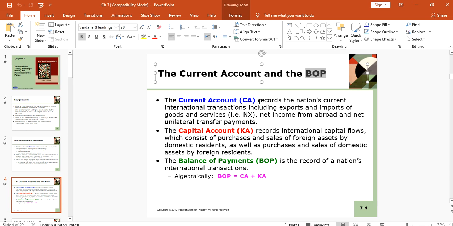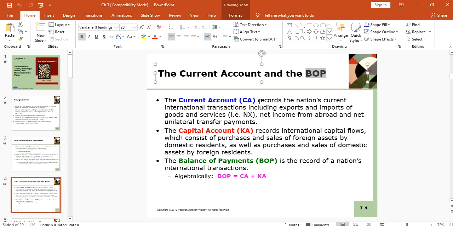Net imports and exports, we know that, either goods or services. Net income from abroad is, for example, ExxonMobil. Whatever income they make, they are a multinational company working in many different countries, including Kurdistan.